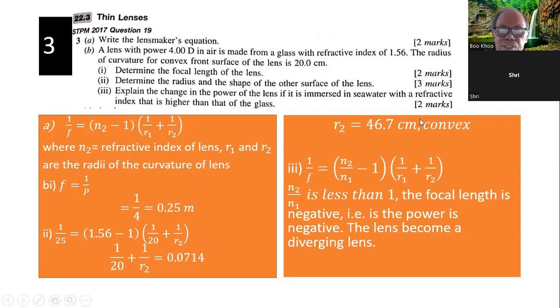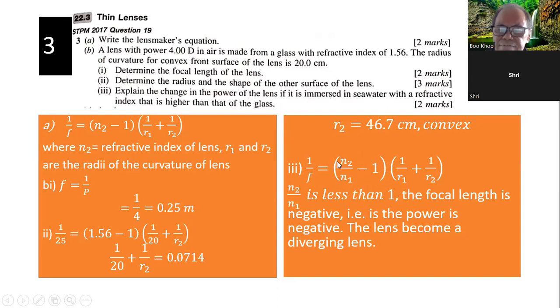Remember, N2 over N1 is less than 1. You are told the seawater has a refractive index higher than glass. So N1 is not larger. N1 is the seawater, N2 is that of glass. So this is going to be less than 1, so this is going to be negative.